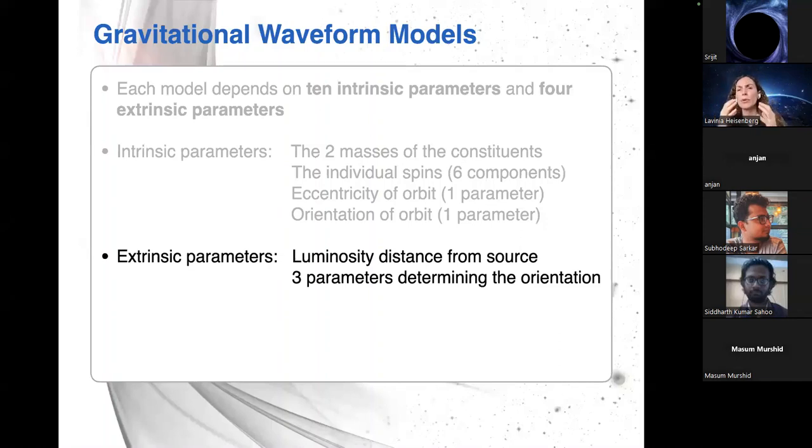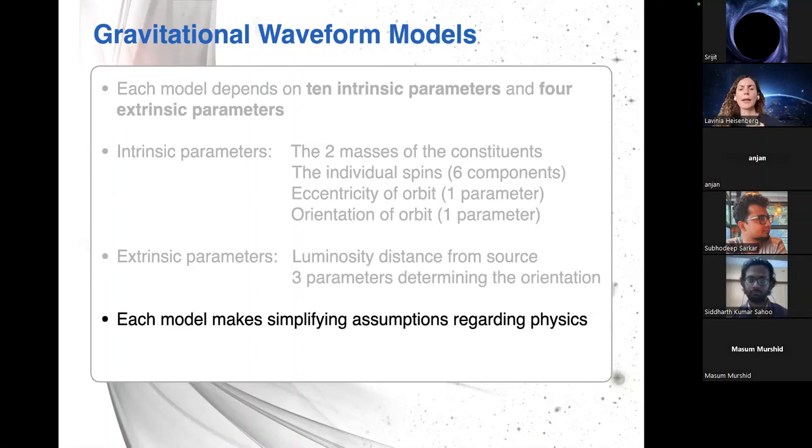So you have your waveform model, which uses a very specific approximation and specific parameters. You can then take this model and compare it to observation, and first of all use that for detection of gravitational waves, and also use that for parameter estimation. Each model makes simplifying assumptions, so they are not 100% exact concerning the physics involved.